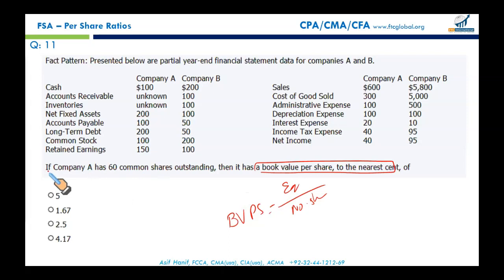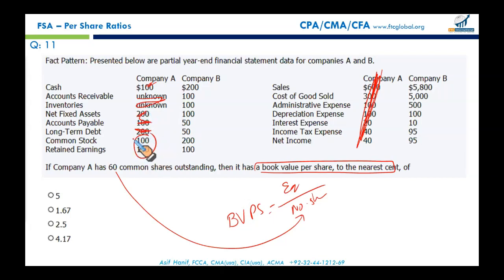For which company? There are two companies, A and B. Company A has 60 common shares, which will serve as the denominator, and we need to find equity. These are all income statement numbers. I need nothing from here. Cash, I don't need. Account receivable, unknown, I don't care if they are not given. Net fixed assets won't help. Do we have the equity section? Yes. Long-term debt? No, no. So I can simply add these two up.